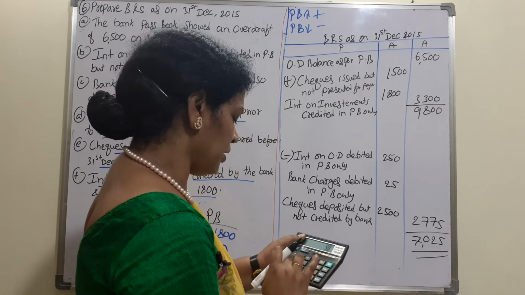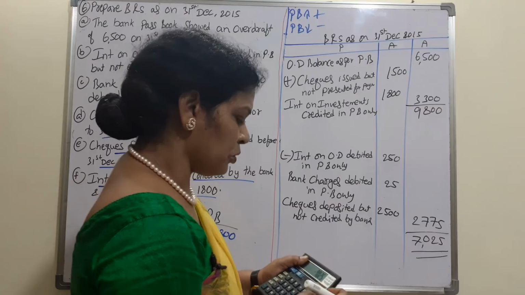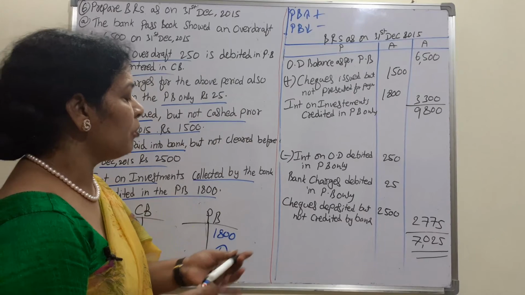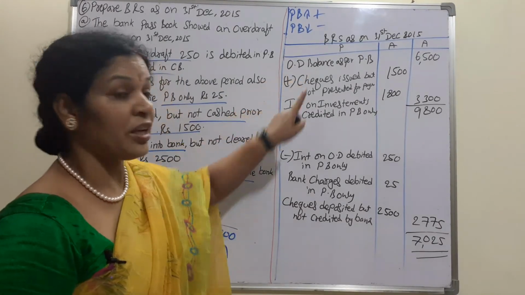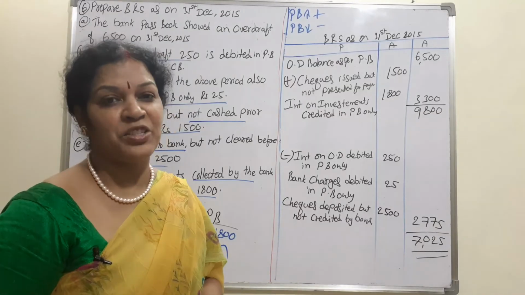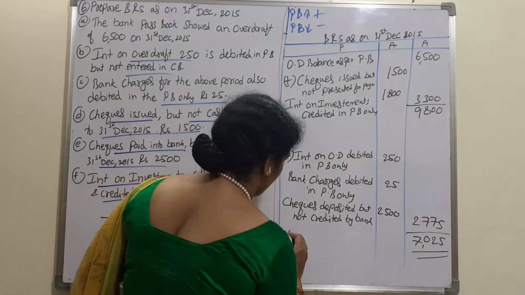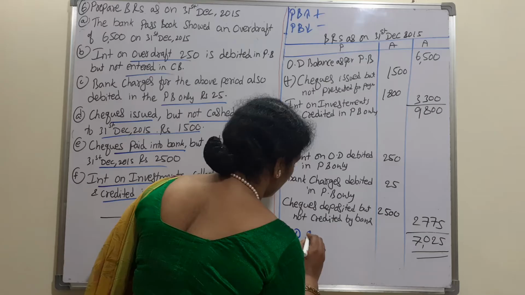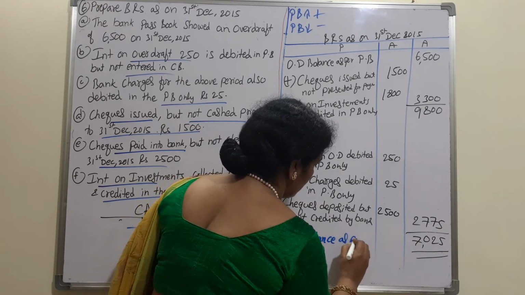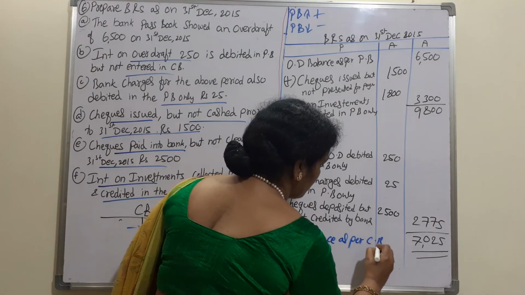Minus 9800, it is 7025, correct. Okay, so this is the balance we are getting. What is this balance? Overdraft balance as per passbook. Now this is overdraft balance as per cash book.